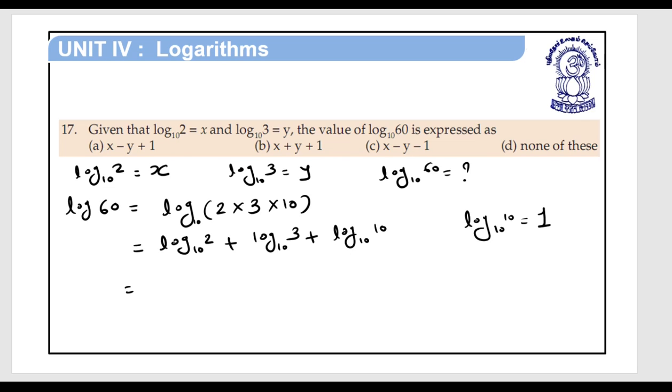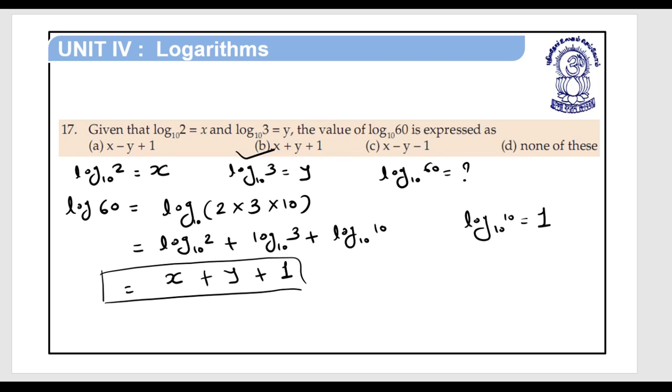Here log 2 to the base 10 is equal to x is given, so value x. Log 3 to the base 10 is equal to y is given. So put the value y plus log 10 to the base 10 is equal to 1. So the answer is x plus y plus 1, B.